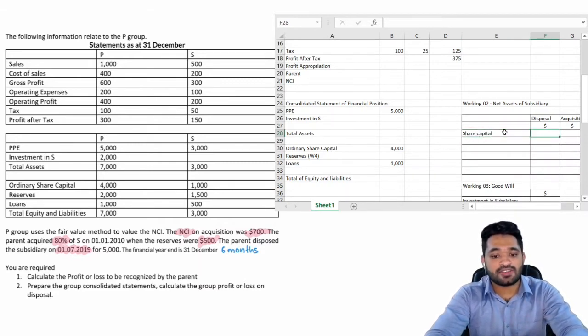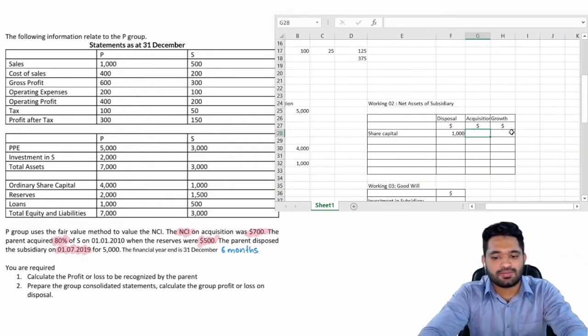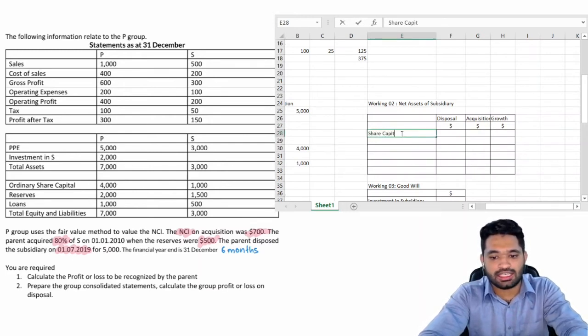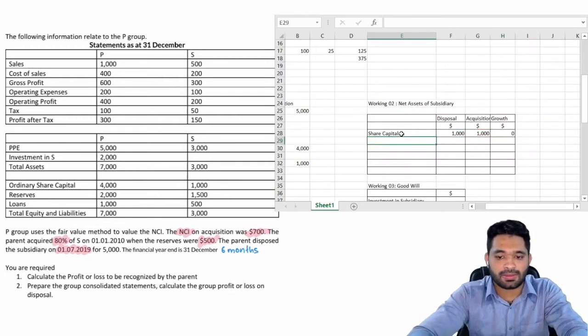The share capital of the subsidiary is going to be 1000. Then you have your reserves.